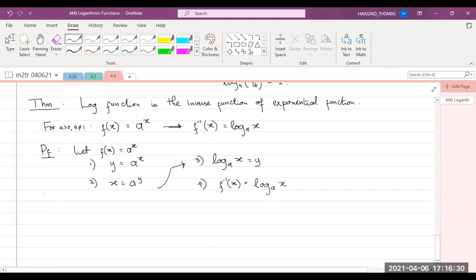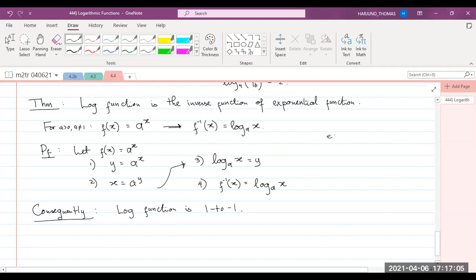Now, consequently, as you have seen from 4.1, one of the very big consequences is that the log function is 1-to-1. Remember that the exponential function is 1-to-1, right?